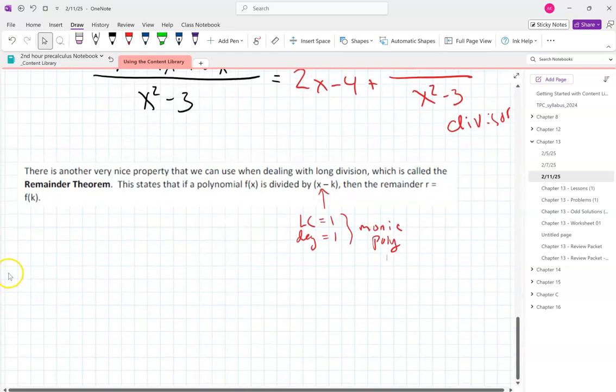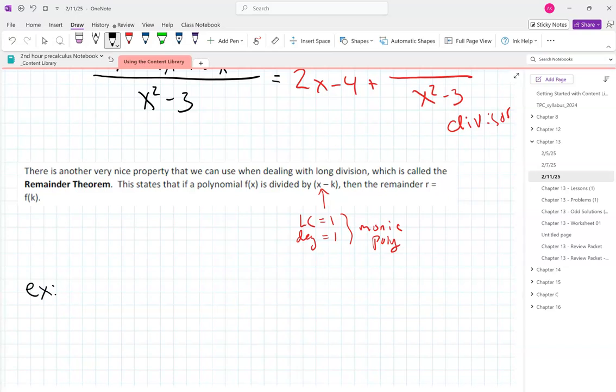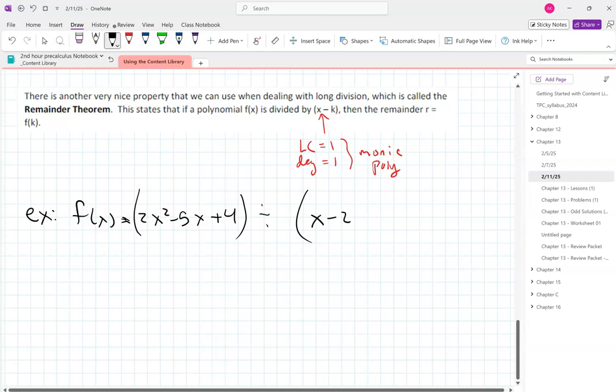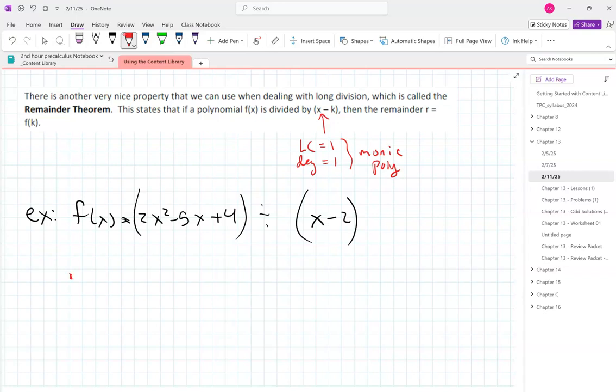So for example, if I have f of x equals this guy, and I have a divisor x minus 2, and I want to find the remainder, well, I could do the following.